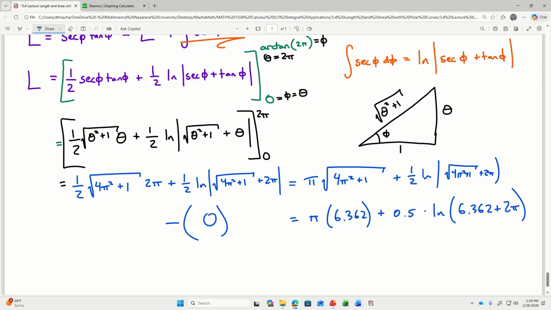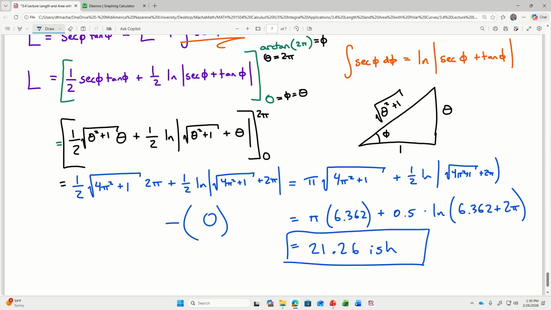That's 12.65. Natural log of 12.65 is 2.54, divided by 2, plus pi times 6.362. 21.26, ish.